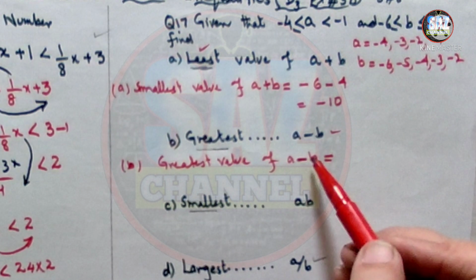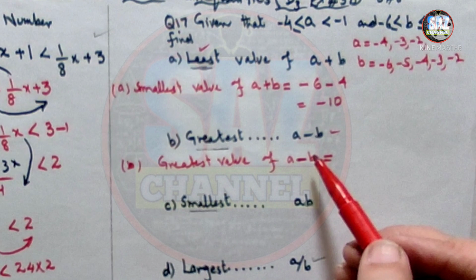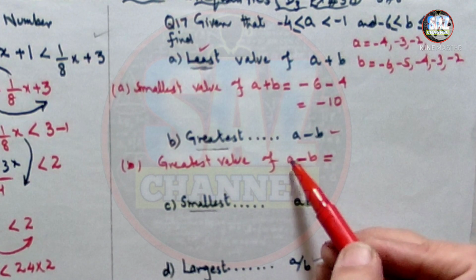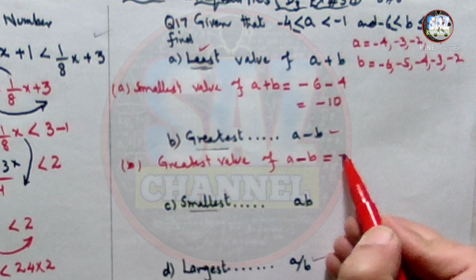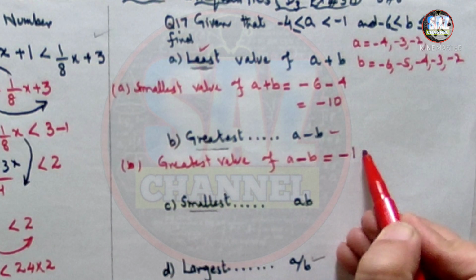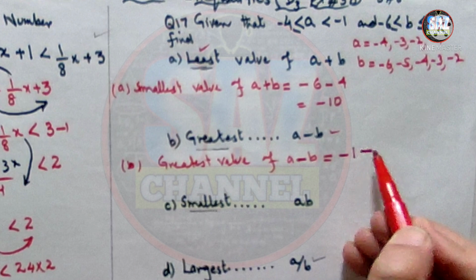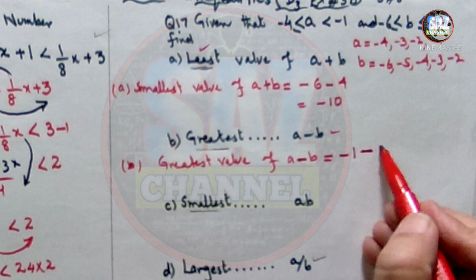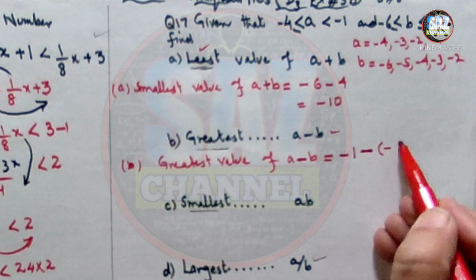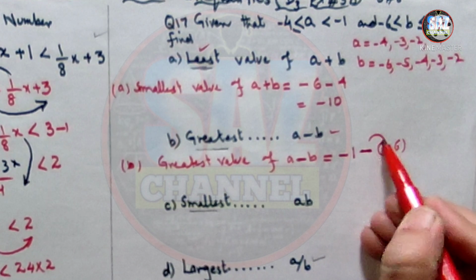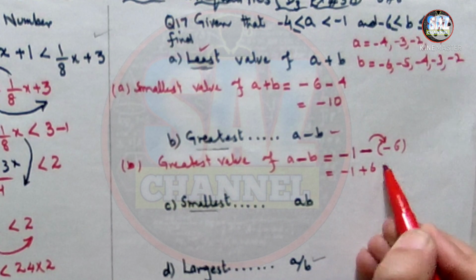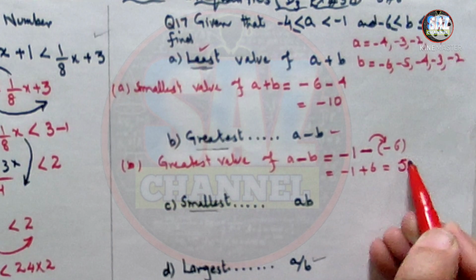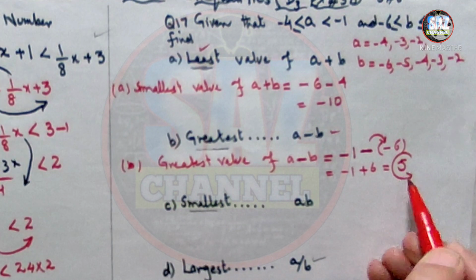So we have to pick the values in such a way that before the minus sign we have the largest value, which is -1, and then minus, and then we should have the smallest value on this side. When I multiply, this will give me -1 plus 6, which is equal to 5. These are really important questions that you have to understand.